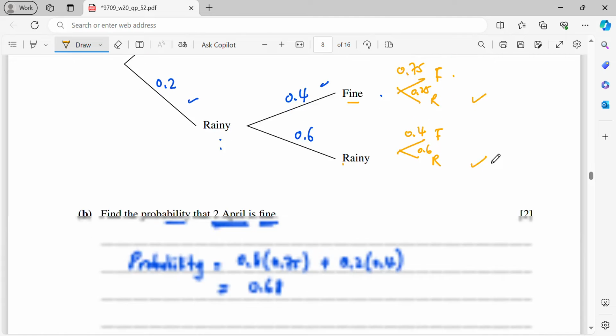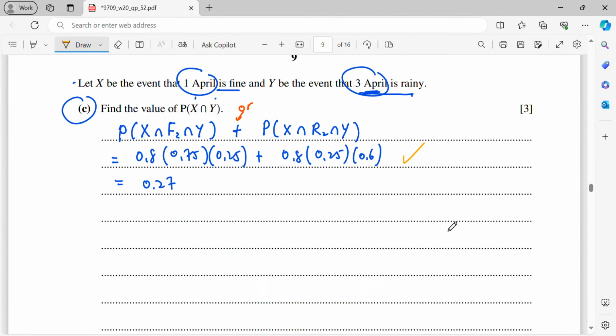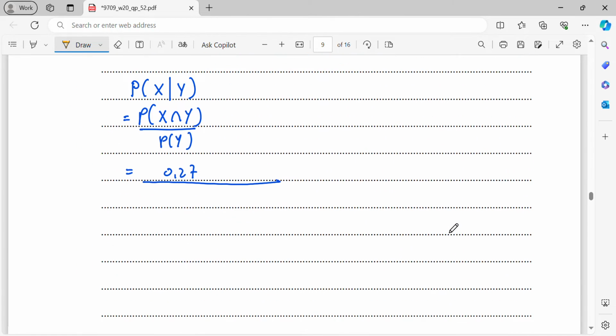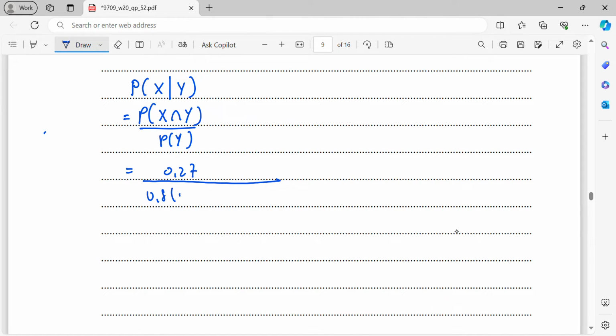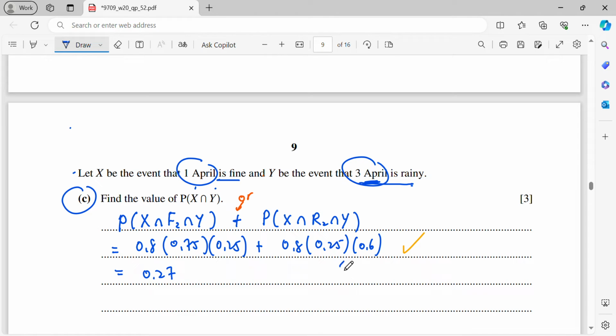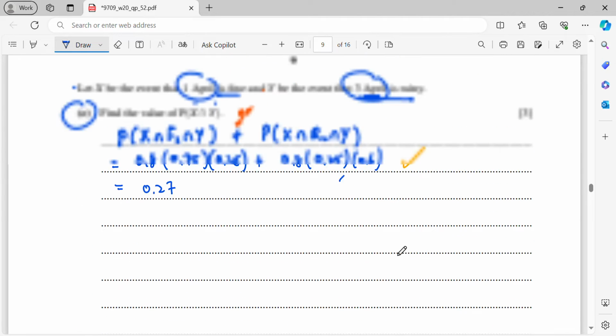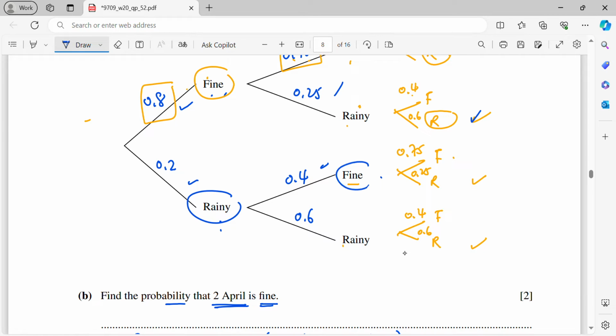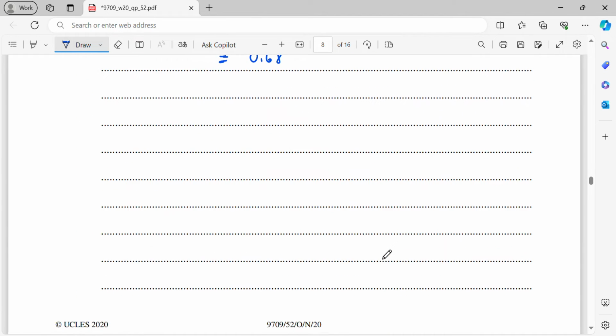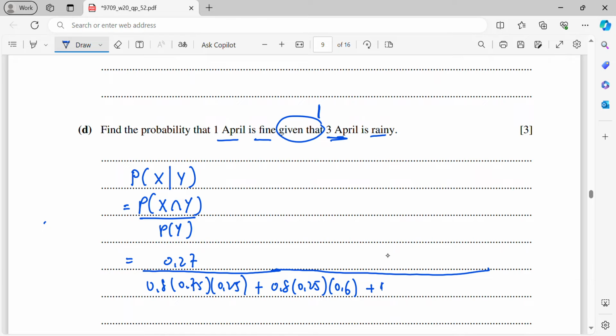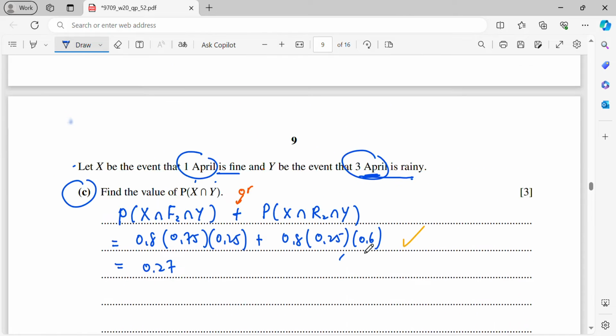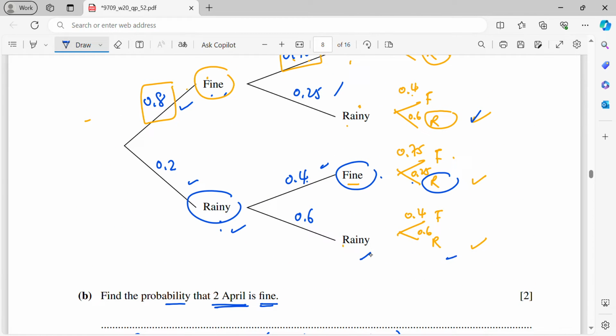I copy these two: 0.8 times 0.75 times 0.25 plus 0.8 times 0.25 times 0.6. Then I need to add two more. The other two will be rainy day, fine day, and rainy day, so 0.2, 0.4, 0.25. Plus the last one, rainy day, rainy day, rainy day: 0.2, 0.6, 0.6.